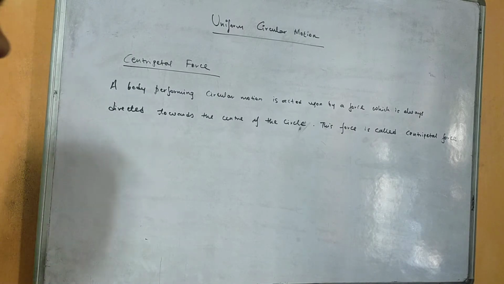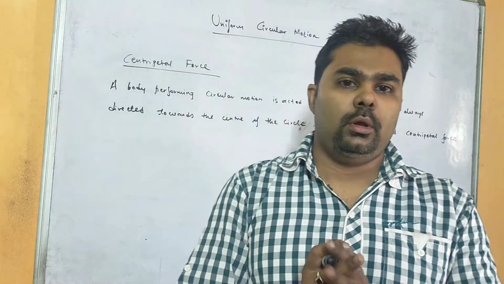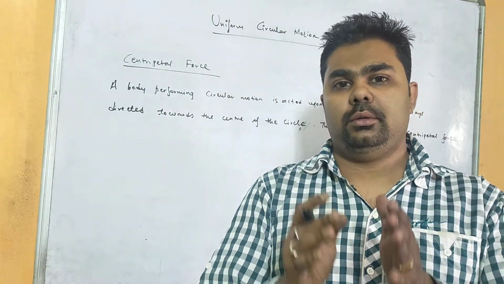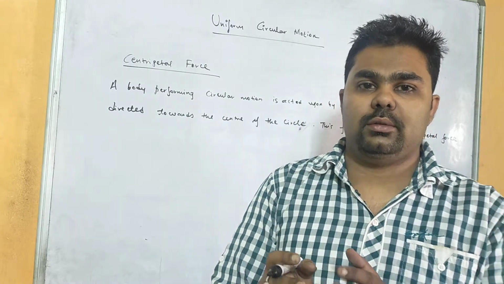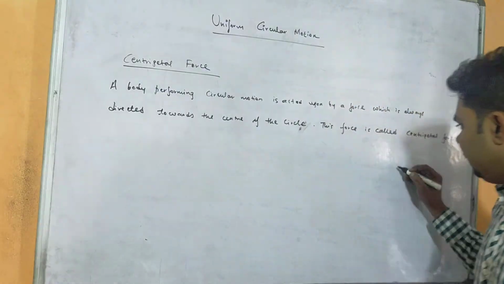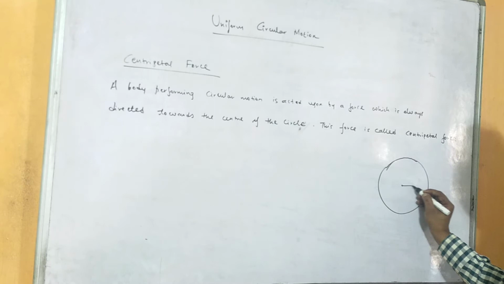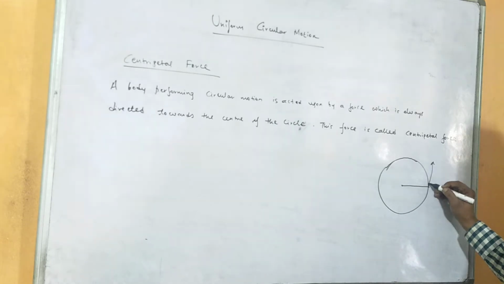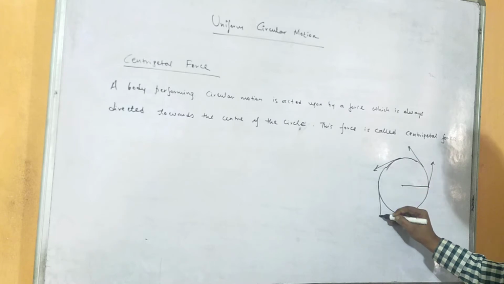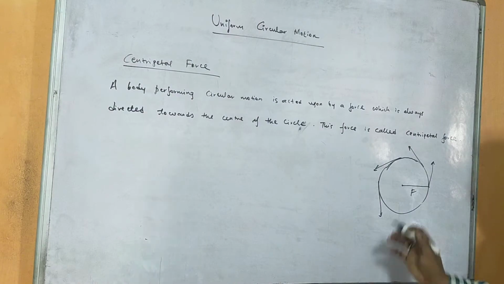When an object is moving in a circular path, in a circular motion, the force is always acting towards its center, and the velocity is towards the outside, that is tangential. So if I say this is the path of the object, at each and every moment the velocity is tangential, but the force is always towards its center.